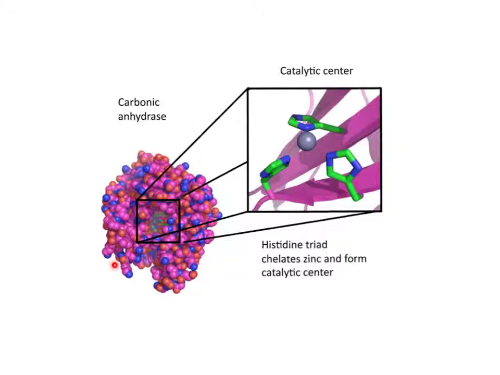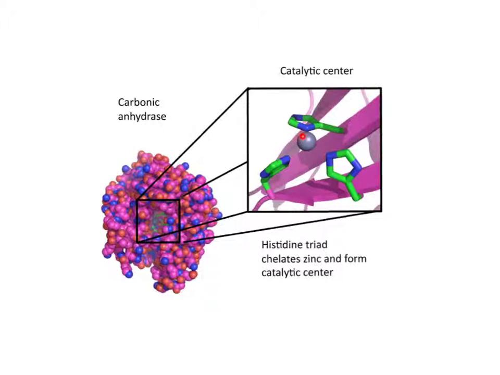It's a large globular protein with lots and lots of tertiary folding, but its active site has a zinc ion, which is attached by these three side groups of an amino acid called histidine. It's kept in place there, and this is the catalytic center. Carbon dioxide and water bind to this center to be converted into carbonic acid.